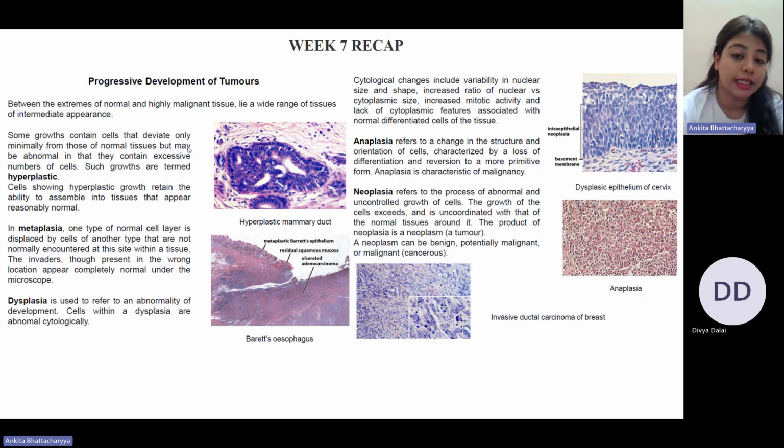You have potentially malignant neoplasms, or you have malignant neoplasms, which are cancerous in nature. So what this effectively shows is that not every tumor is a cancer. In many cases, you can find that women towards the age of 40 or in the later stages close to their menopause, in a large number of cases, develop ovarian tumors, ovarian cysts, which we commonly know them as, and they can be removed by laparoscopic surgeries or basic surgeries.